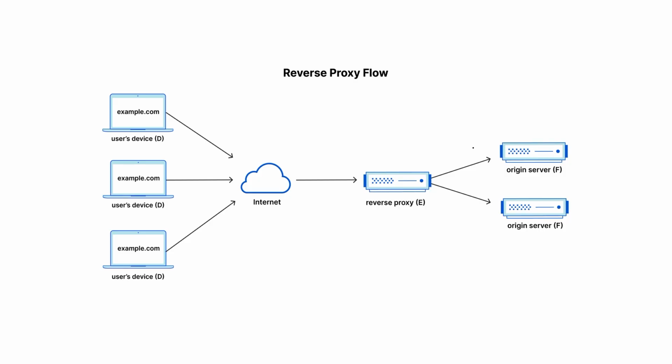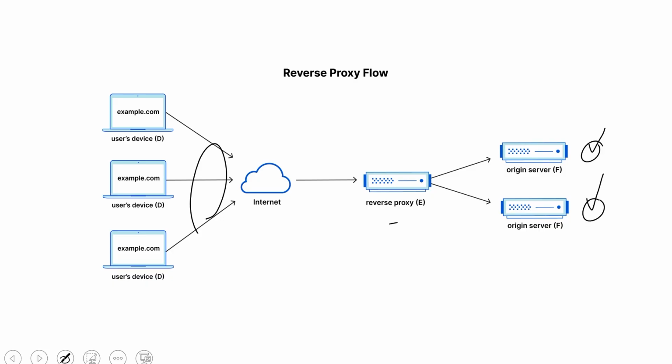What is a reverse proxy? The reverse proxy flow is the opposite of a forward proxy. It sits in front of your backend server. The forward proxy was located here before the clients, but the reverse proxy is set in front of your backend server. For example, you have multiple web servers and mobile applications running on your servers.